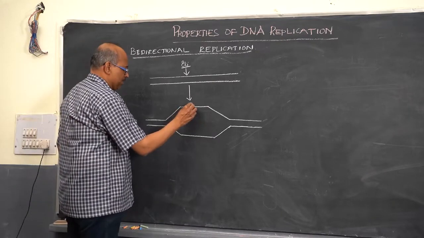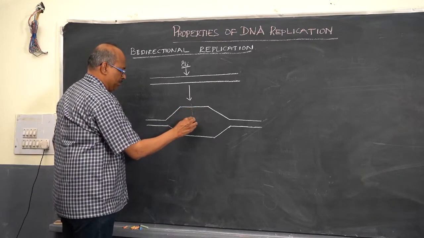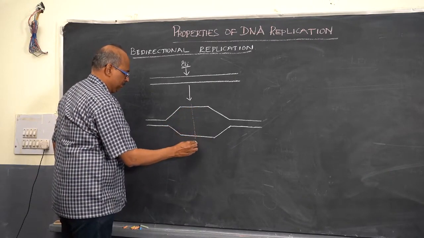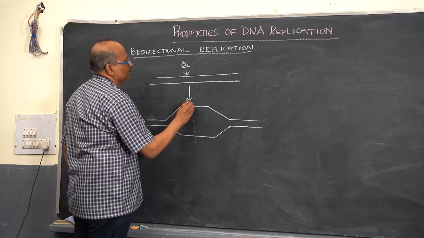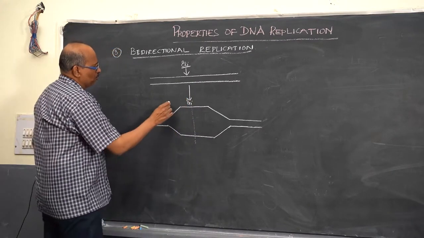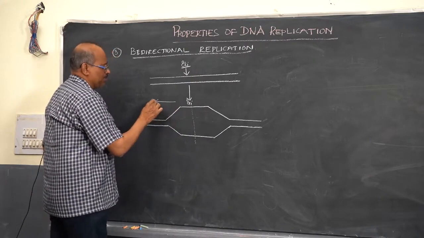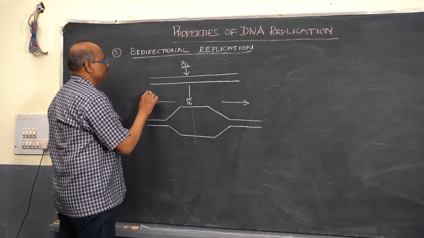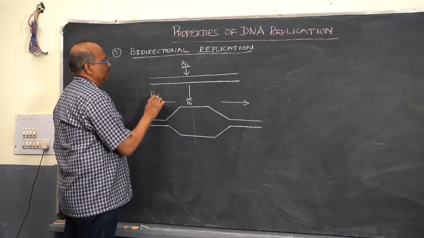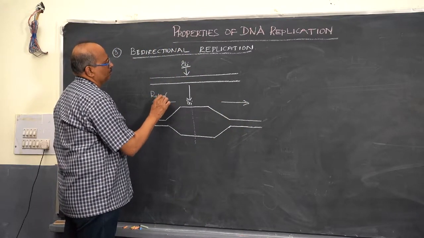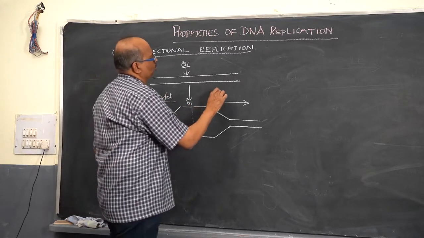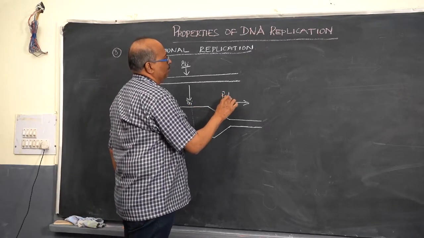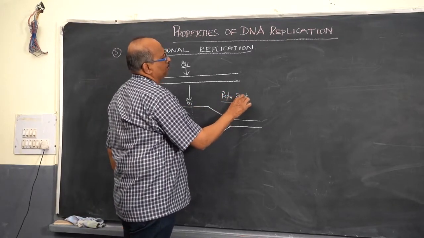So that is the origin. This fork is moving in this direction, this fork is moving in this direction. Replication fork, replication fork.